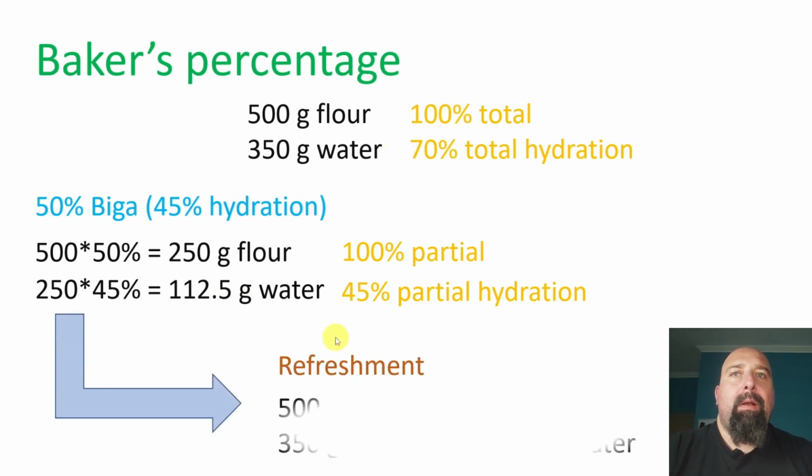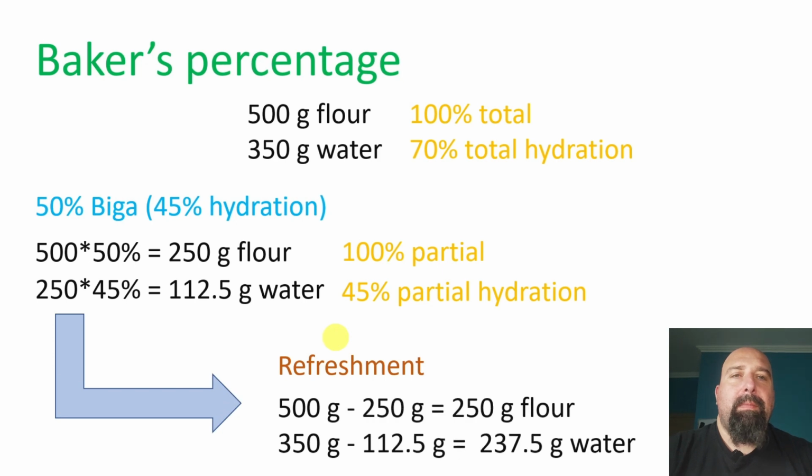Then, when I go to the refreshment, I think it's simpler, because we know the total amount of flour that we want to use. So in this case what we will do is just subtract from the total what we already used for the biga. For the flour it becomes extremely simple, it is 250 grams of flour.